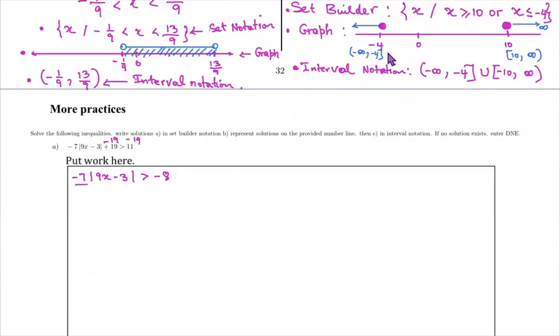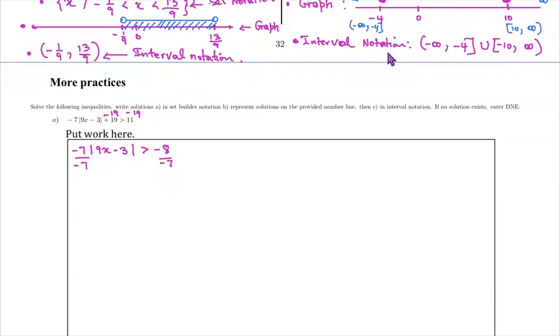Let's divide both sides by negative 7. Dividing by negative 7 will imply that the inequality reverses. So that is absolute value of 9x minus 3 that is less than 8/7.